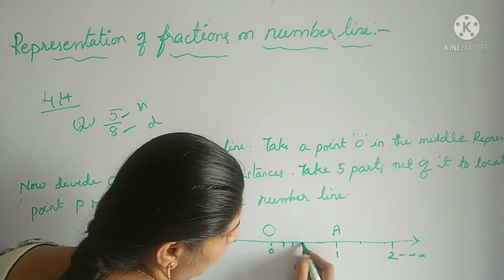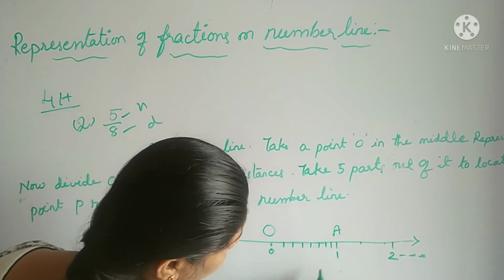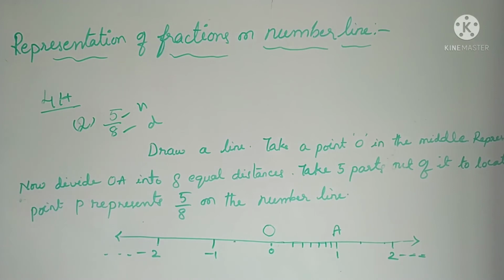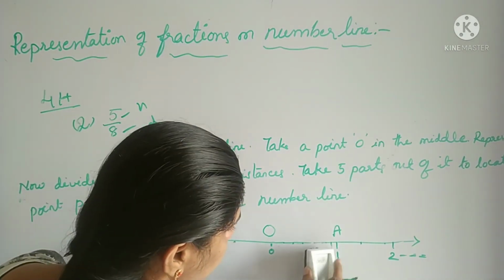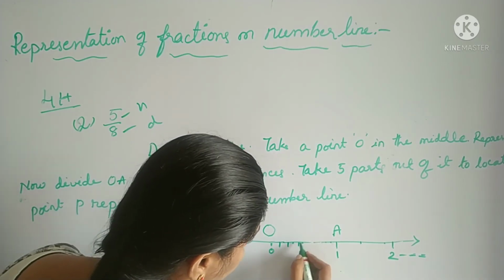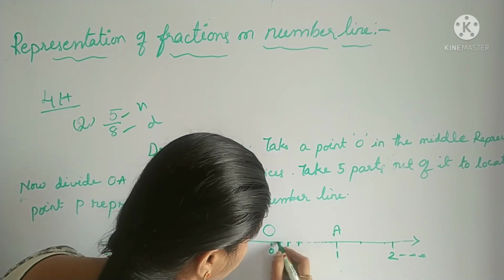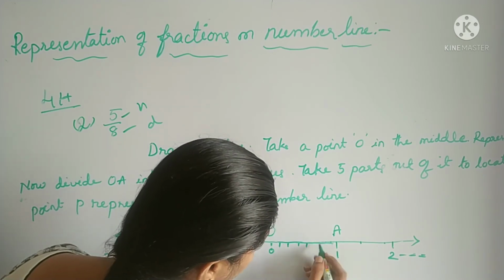1, 2, 3, 4, 5, 6, 7. So you have to divide into equal parts.